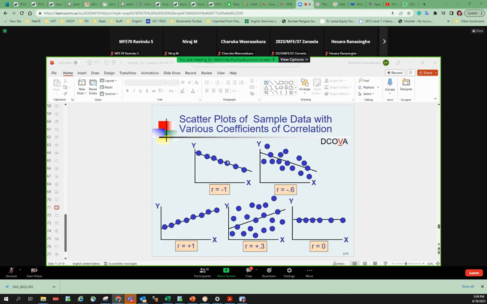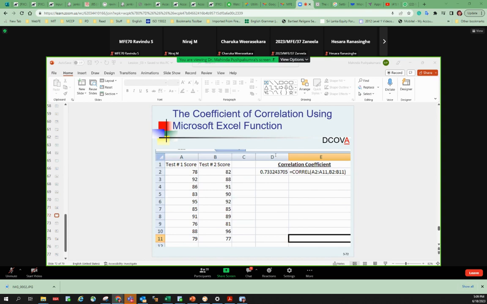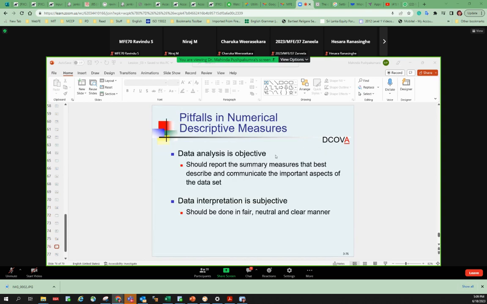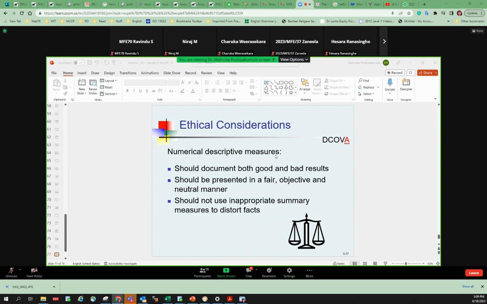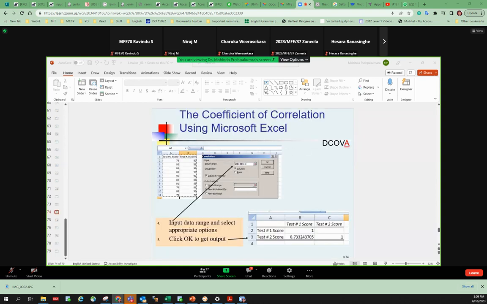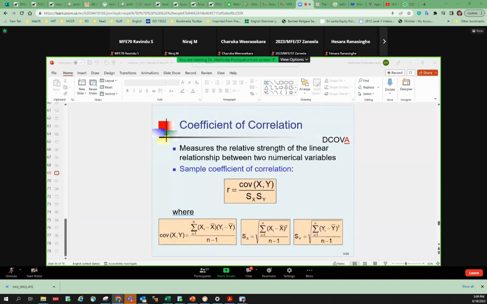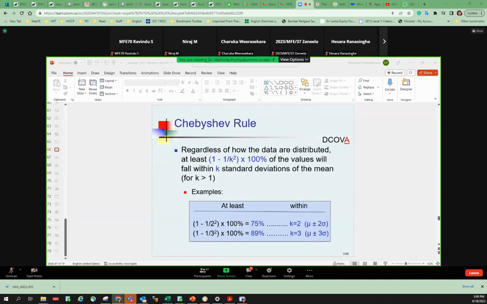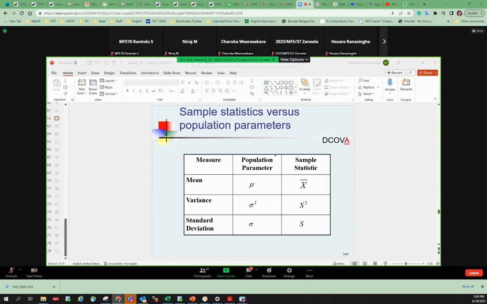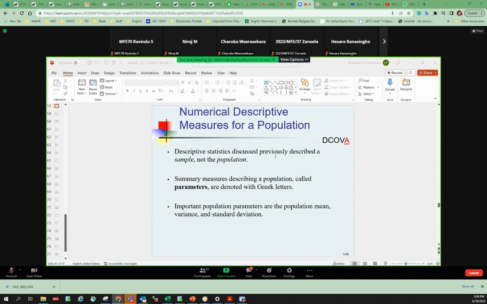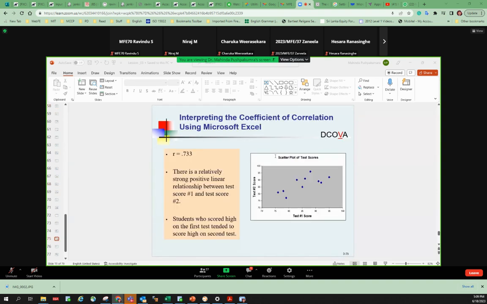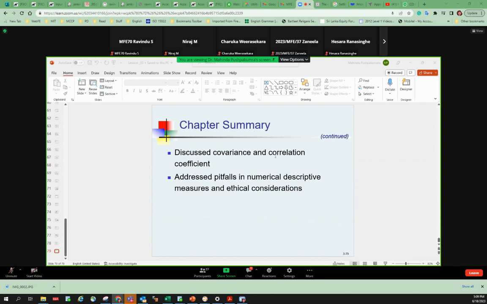Yes. Then this shows how to do analysis using Microsoft Excel.